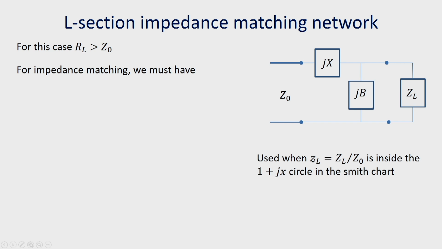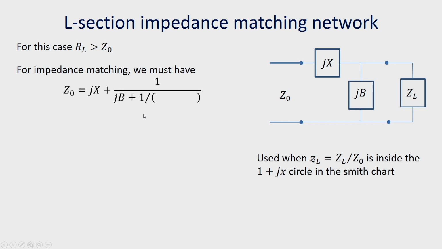Now, for this circuit, in order to have the impedance matching, we must have the input impedance looking at this point must be equal to Z naught.